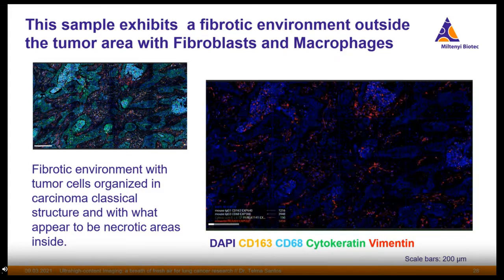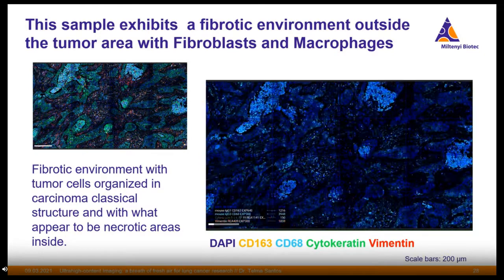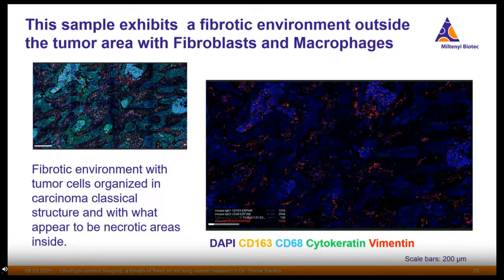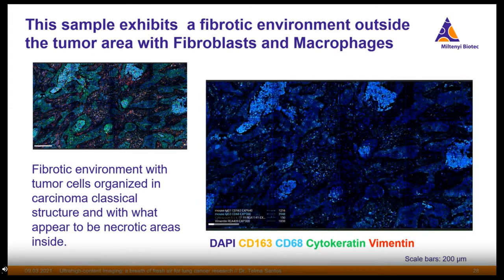We have the stromal area, which has non-tumor cells, we have the tumor cells, and then we have these necrotic areas which have some tumor cell markers and some myeloid cell markers, but seem really not that healthy, do not have proliferation markers, for example, and have these very weird speckles.